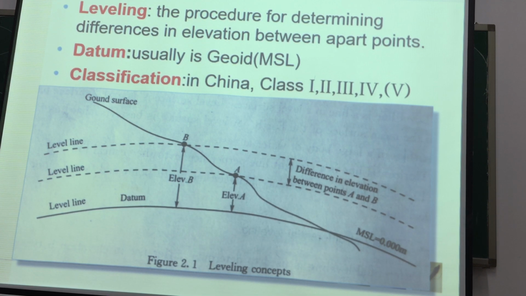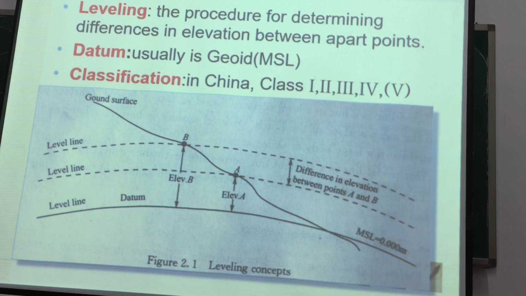So we cannot establish the control framework for the whole country. In Guangdong province, they just do observation at this position, at the Zhujiang River and the sea. They stand there and observe the position of the sea surface, and then take a mean position as the position of the geoid, as the zero.